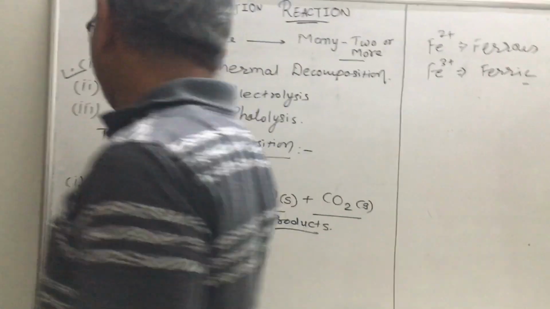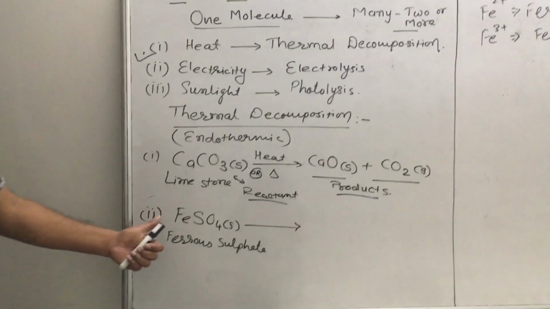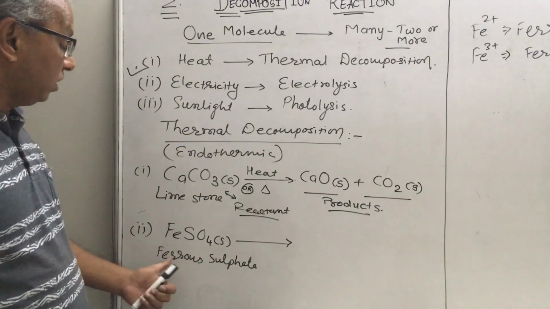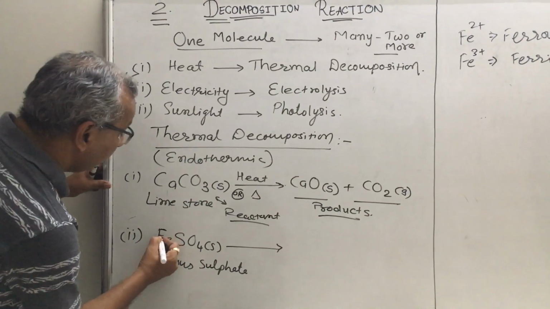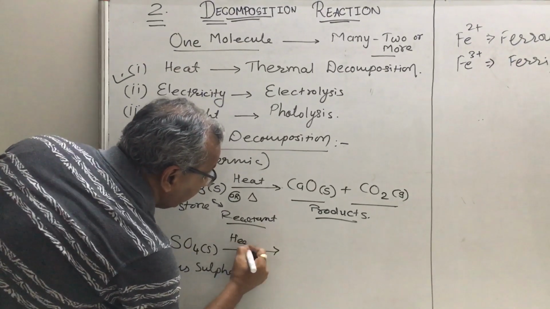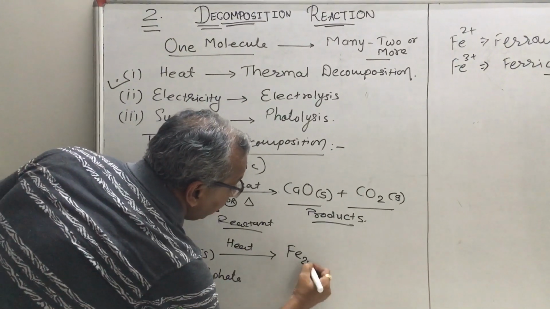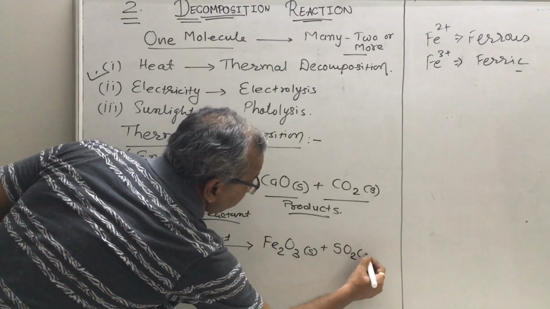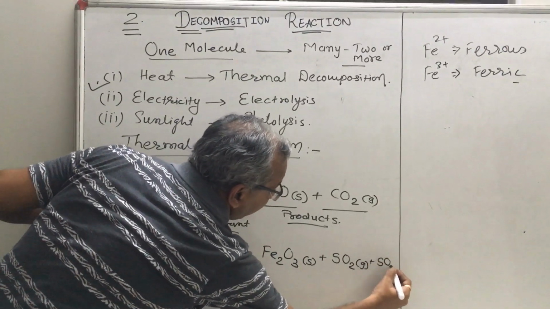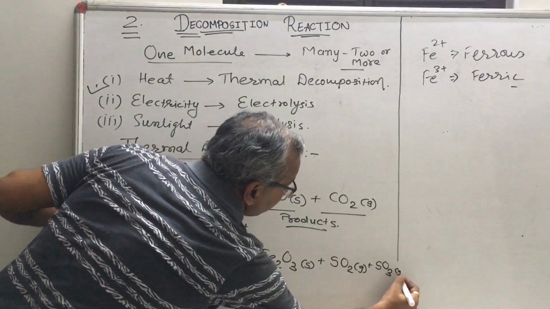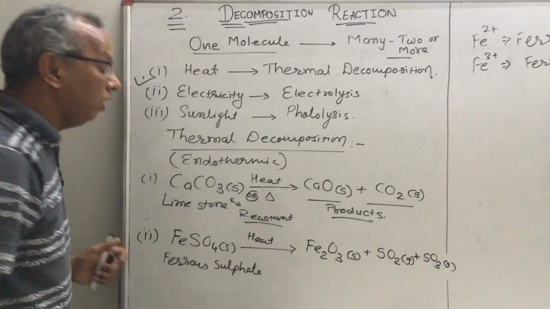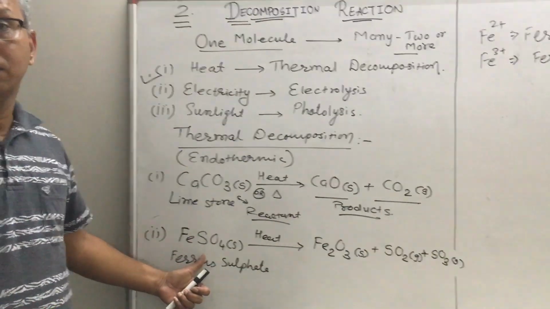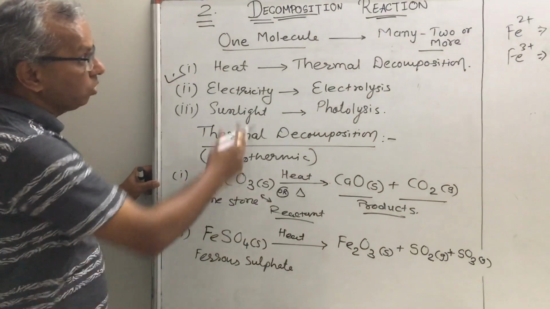So here FeSO4 is there, Fe has valency plus 2, SO4 has valency minus 2. That's why ferrous sulfate is the name of this compound. It will be decomposed when heat is applied. We will obtain Fe2O3, which is a solid, sulfur dioxide in gaseous form, and sulfur trioxide also in gaseous form. So we obtain three different products by heating one reactant, and that's why this is also decomposition.